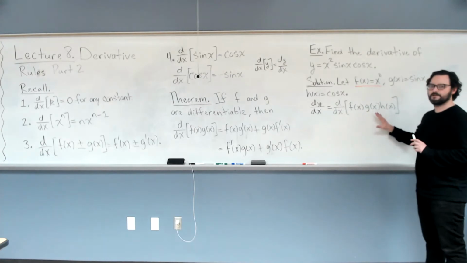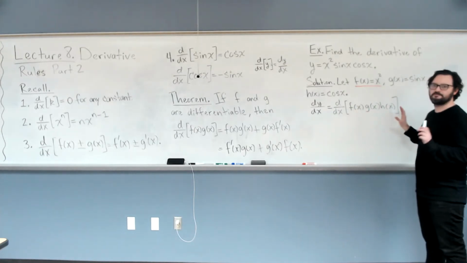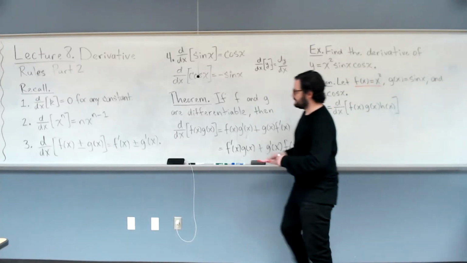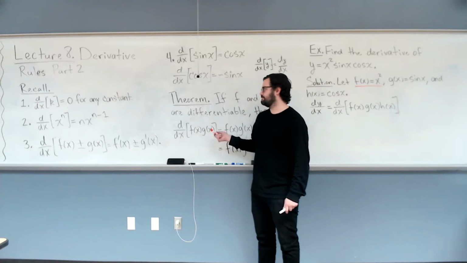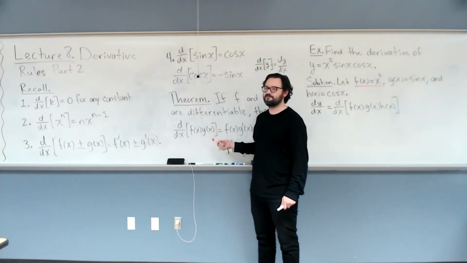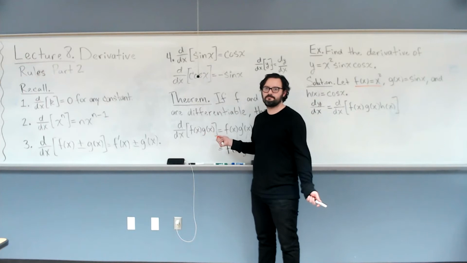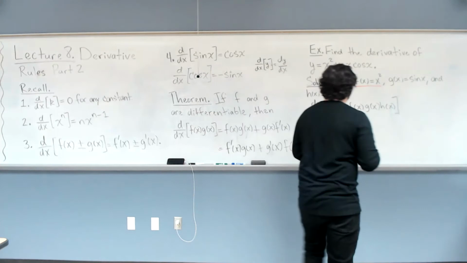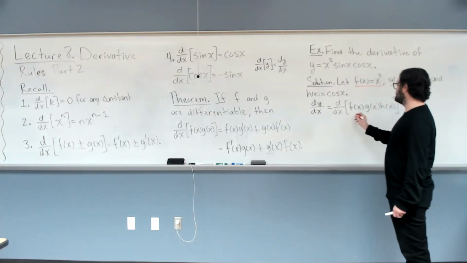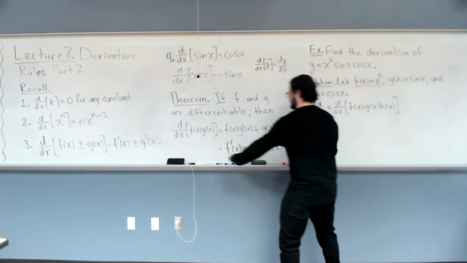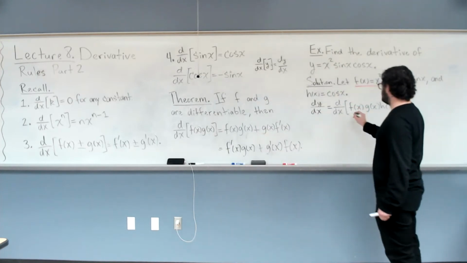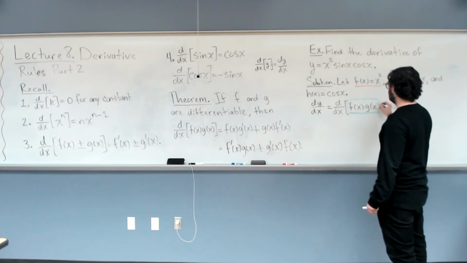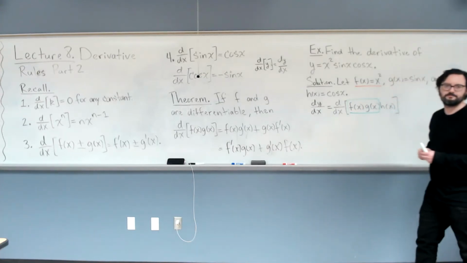So now I have three functions being multiplied together. This product rule applies to two functions being multiplied together. So maybe I can treat this right here as one function, and that as the other function.